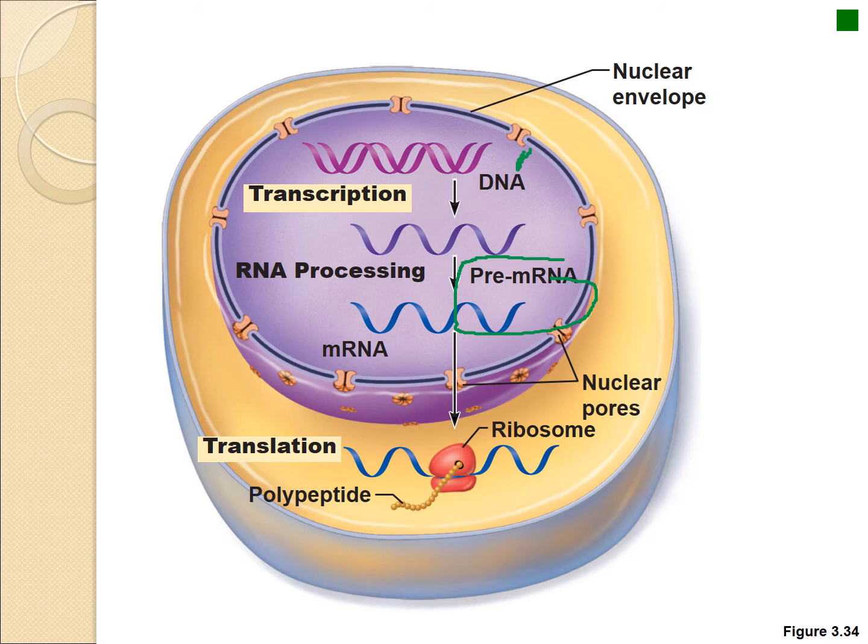So one thing they can do, let's say the book is too heavy to carry, is they can tear out pages, but that could be a problem. And you don't want to tear out chunks of DNA to have the information you need. So what they do is they photocopy or take a picture of the chapter. So think of pre-mRNA as a photograph or a photocopy of a little chunk of DNA called a gene, at least what's called the structural component of that gene.